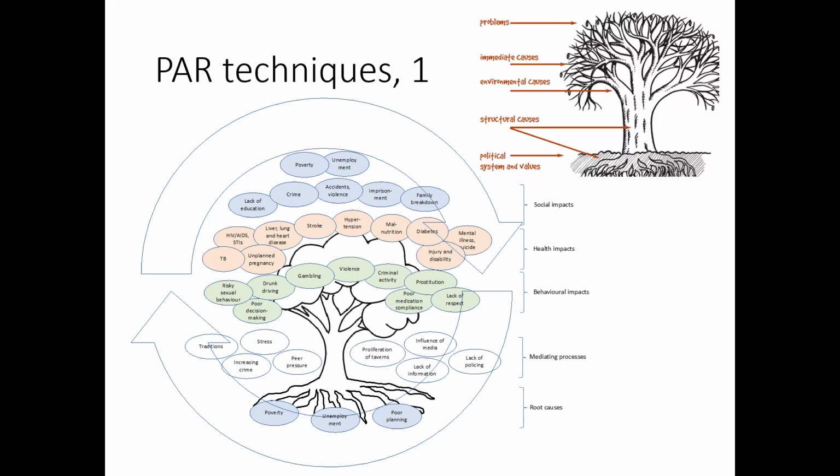Some of the examples that were listed are stroke, TB, unplanned pregnancy, malnutrition, diabetes, mental illness, and a lot of examples were also listed here. And then we have social impacts, which are the main problems. The examples that were listed here are crime, poverty, lack of education, accidents, violence, imprisonment, family breakdown, unemployment.